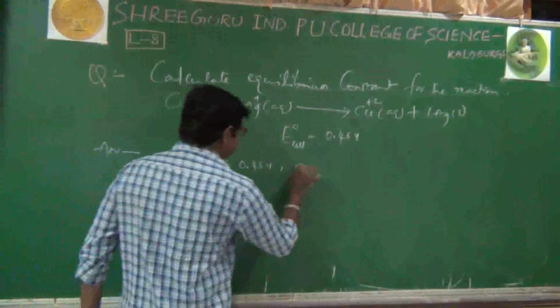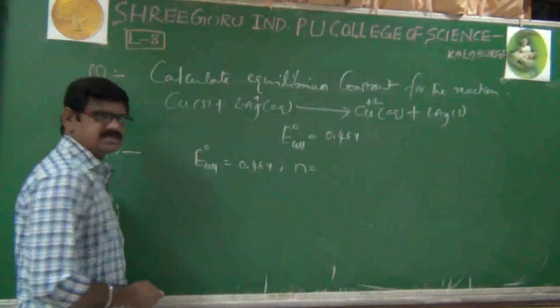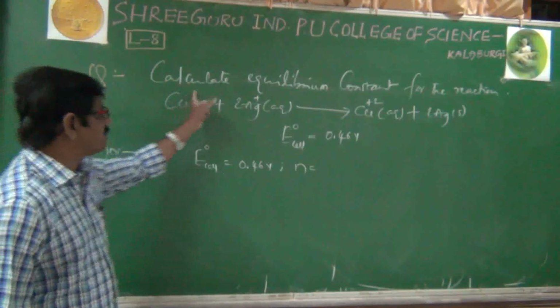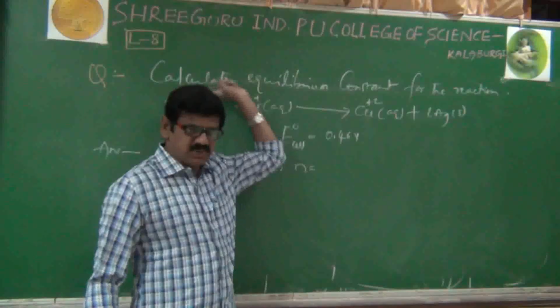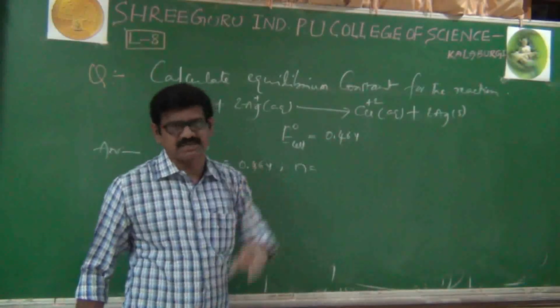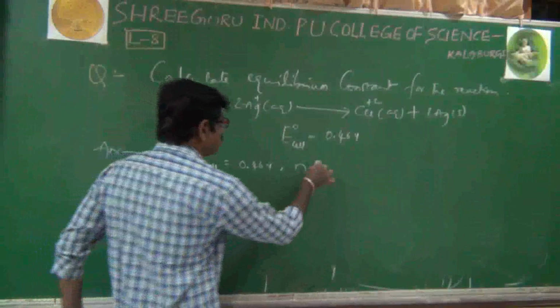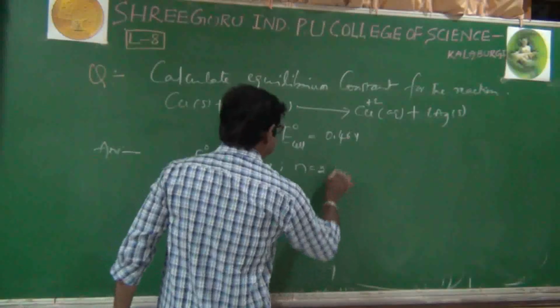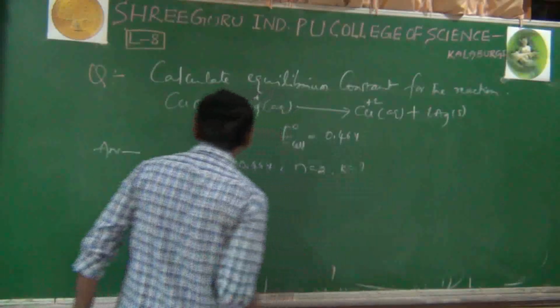Next, the n value. See here, copper Cu is converted to Cu2+, only 2 electrons are involved in the process, that's why n equals 2. And next, K is equal to question mark.